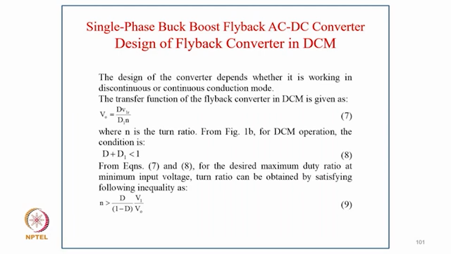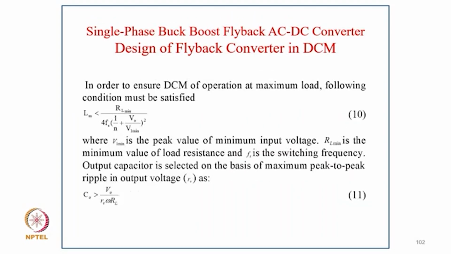Of course, that is less than 1 because some period should be there when neither of the two is conducting for DCM operation. So for the desired maximum duty ratio at the minimum input voltage, the turns ratio can be obtained by satisfying the inequality constraint, and should be greater than D upon 1 minus D, times V1 upon VO. In order to ensure DCM operation at maximum load, the following condition must be satisfied.